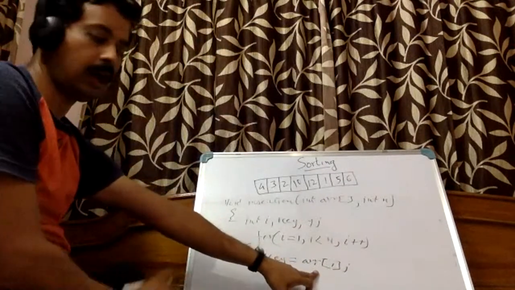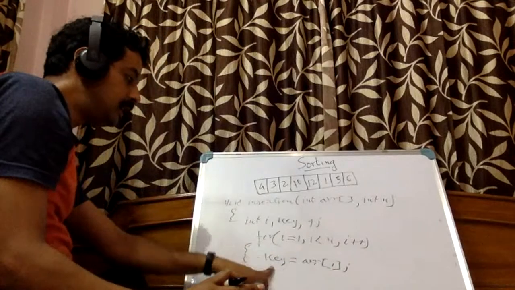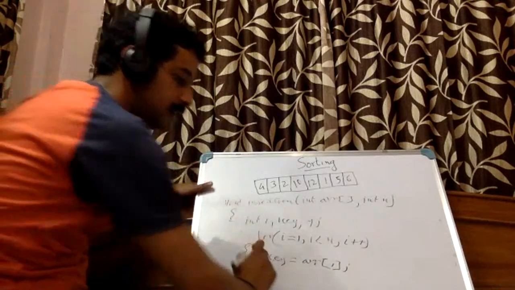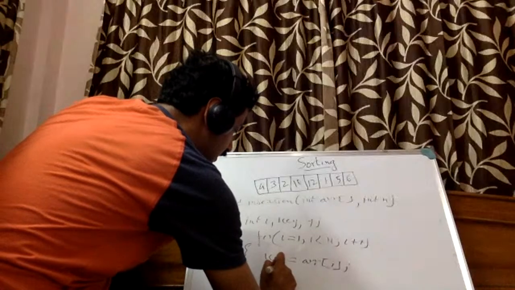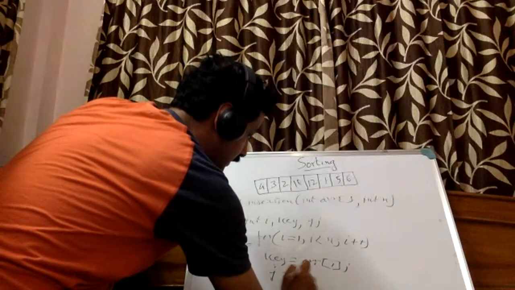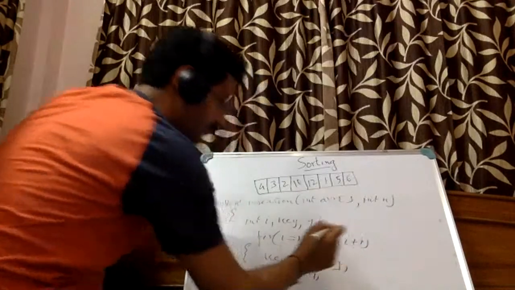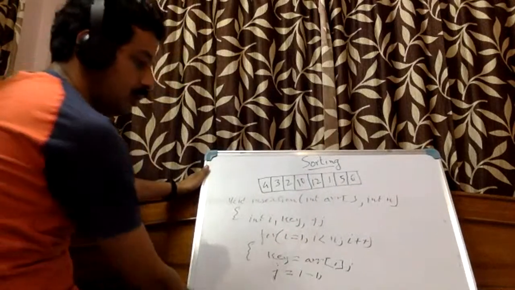I have assigned key as the first element, and then j equal to i minus 1.